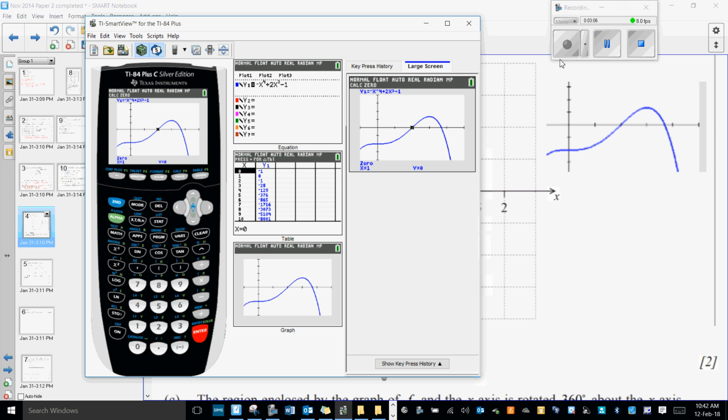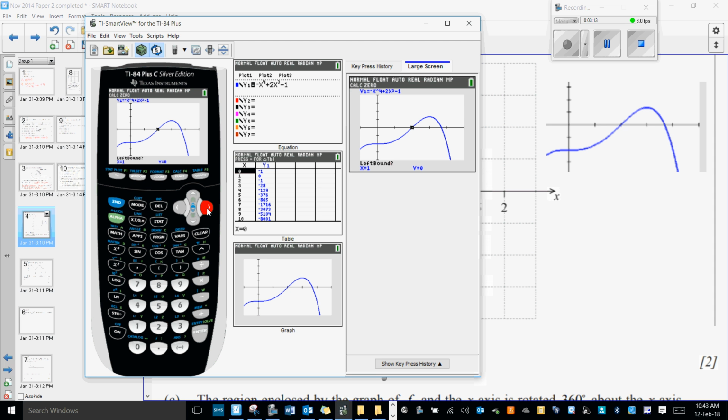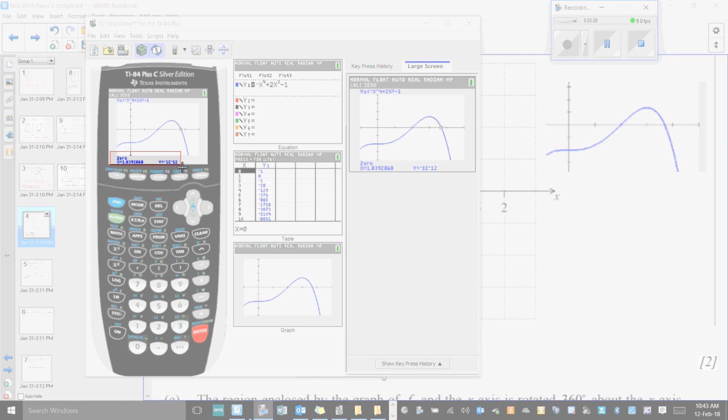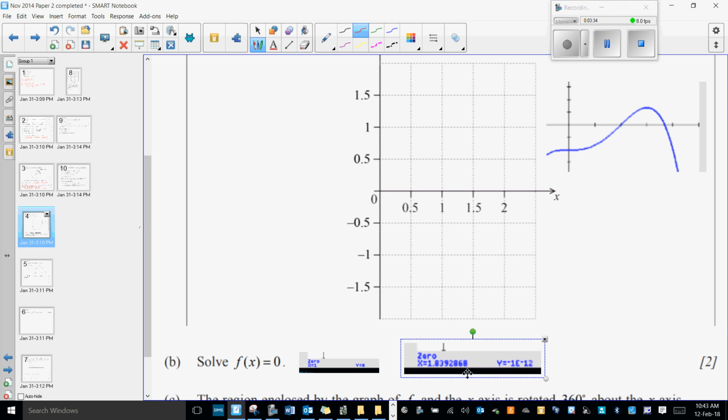And let's find the other. And the other one's at 1.839. Okay, 1.84. You can see the region closed, rotated.